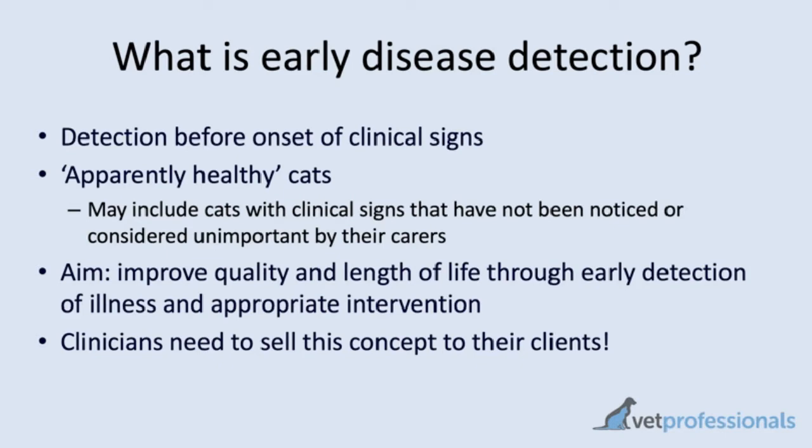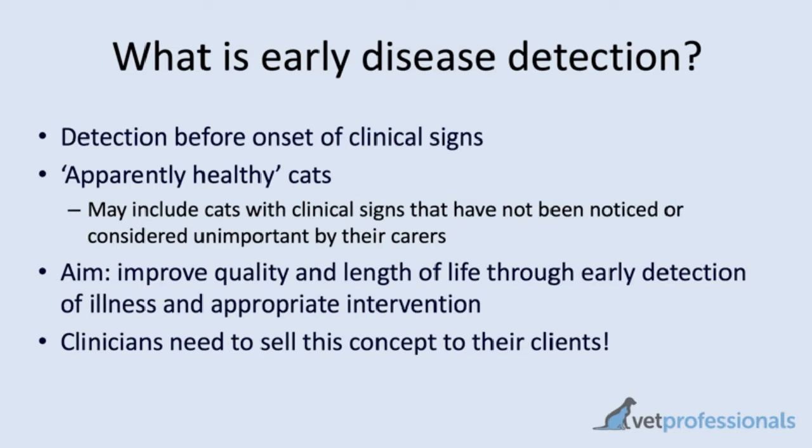But perhaps they've not thought that those changes were significant, or they've not been concerned sufficiently to bring the cat to see us. So whilst this may be detected in a routine appointment, it certainly is something that we would want to find, and is again a good example of how we might make an earlier disease diagnosis.